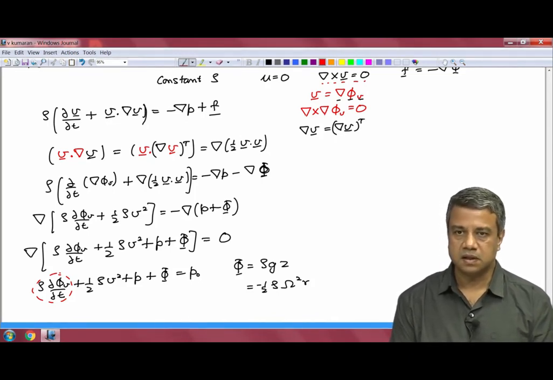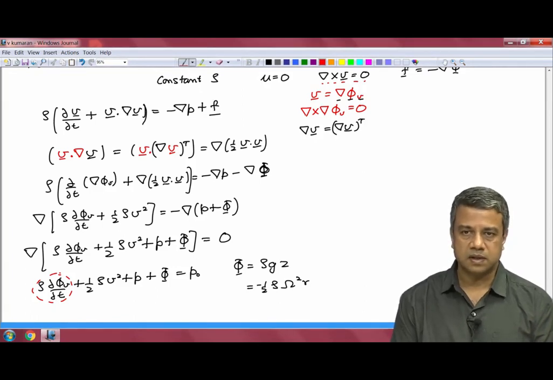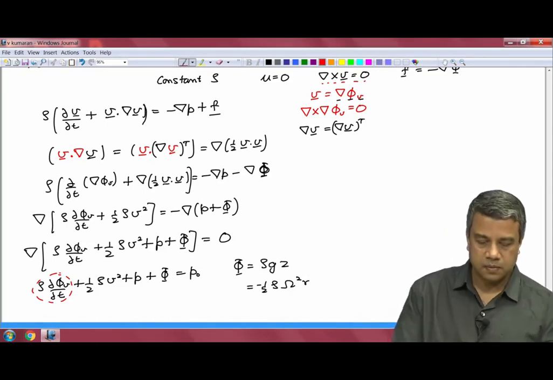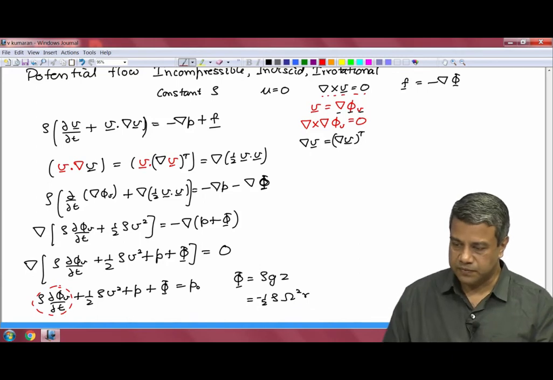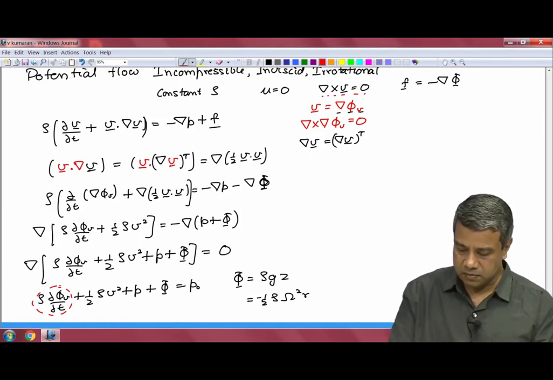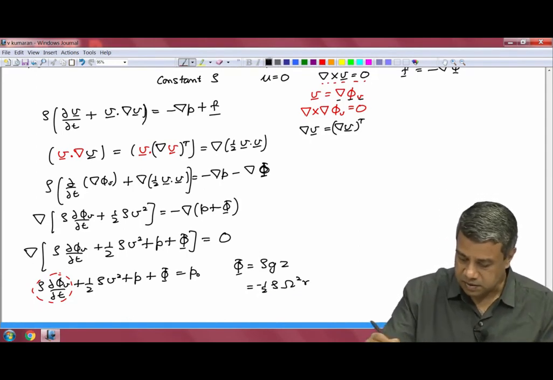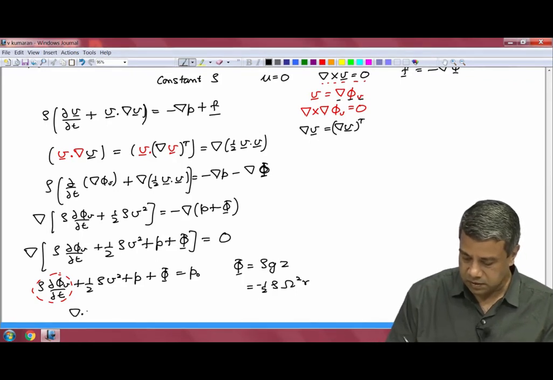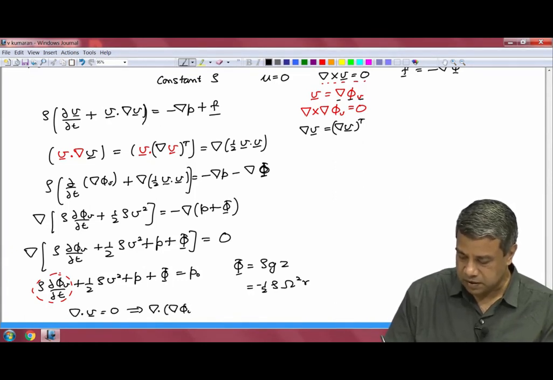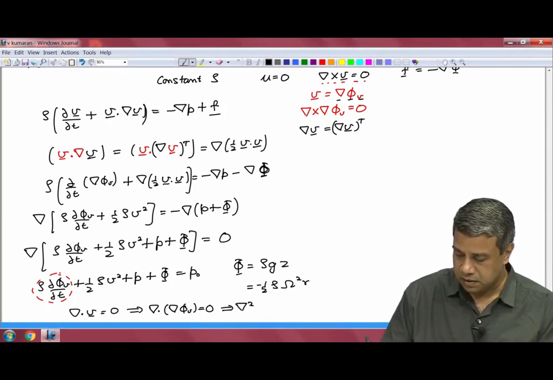So, this is the derivation of the Bernoulli equation from the Navier-Stokes momentum equation for an inviscid irrotational incompressible flow or a potential flow. This has to be combined with the mass conservation equation. The mass conservation equation is del dot V is equal to 0, which implies that del dot the gradient of the potential is equal to 0, or del square phi V equal to 0.